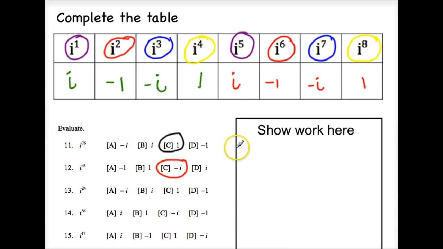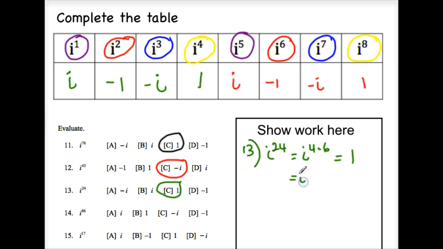Number 13, lucky number 13. 13 says i to the 24. We know 24 is a multiple of 4 because this can be i to the 4 times 6, which is any multiple we said of 4 is going to be 1.